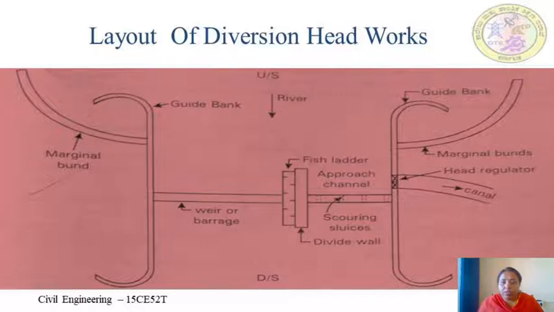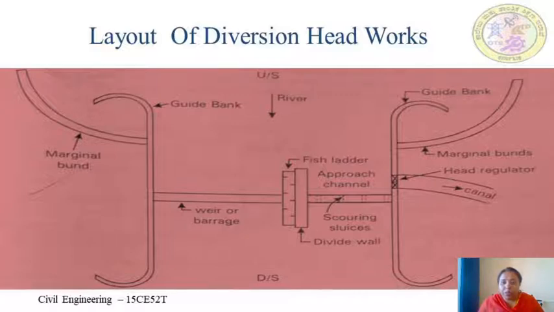You can see the central-most solid obstruction, that is the weir or barrage, and next you can see the approach channel here, and also a divide wall. The divide wall is generally provided by the side of the fish ladder and approach channel. It also consists of scouring sluices here.